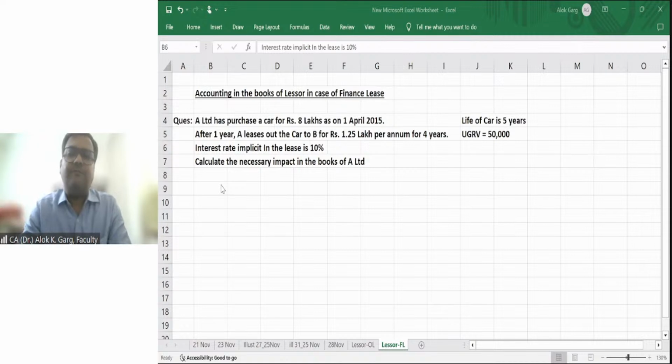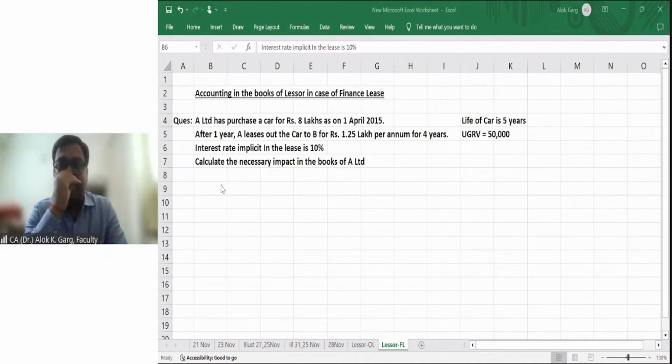Friends, first of all, in case of finance lease accounting, the remaining life is 4 years, and A Limited has given this asset for the entire remaining life. It means risk and reward are getting transferred. So it will be like finance lease accounting where A Limited has to de-recognize this asset.